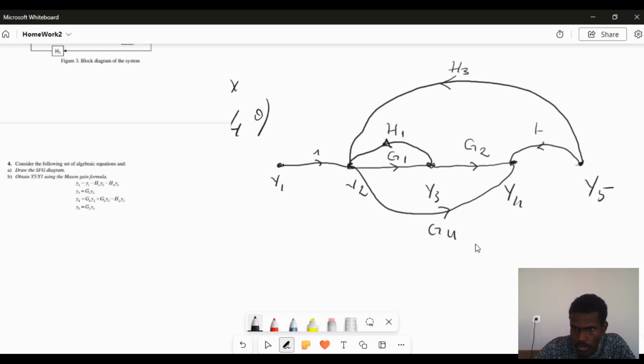So this is h2, it's going to the counter side minus h2 y5, and finally we have y5 is equal to g3 y4.